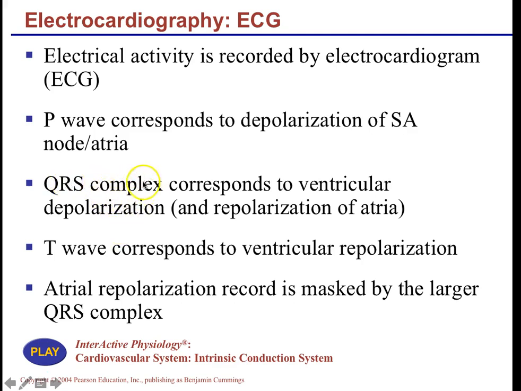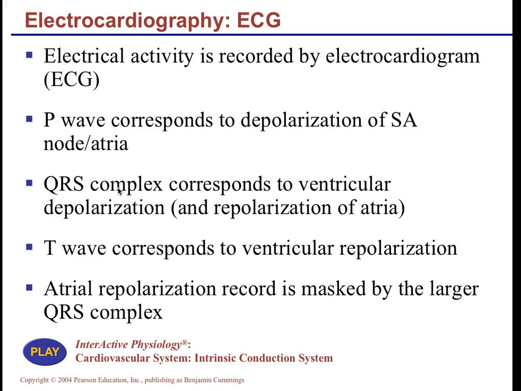Now, hidden in this QRS complex is going to be the repolarization of the atria. You don't see it as much, or actually don't see it at all, unless you're an expert at reading ECGs, but indeed it is bundled into that QRS complex.